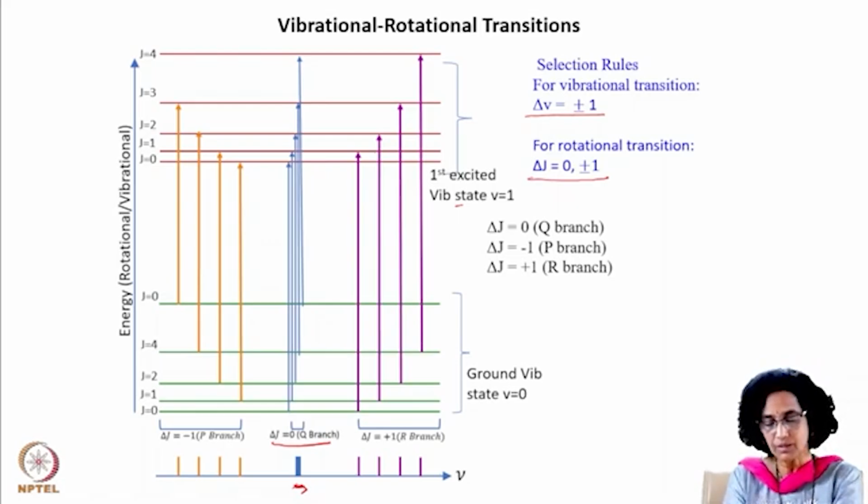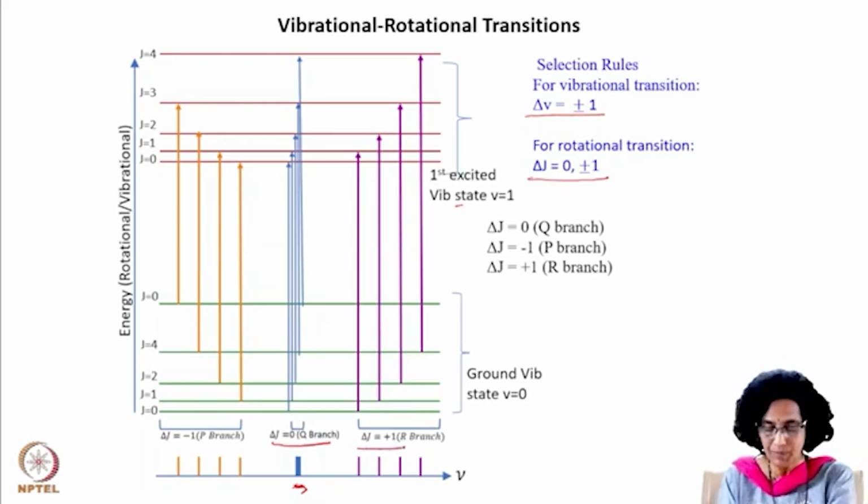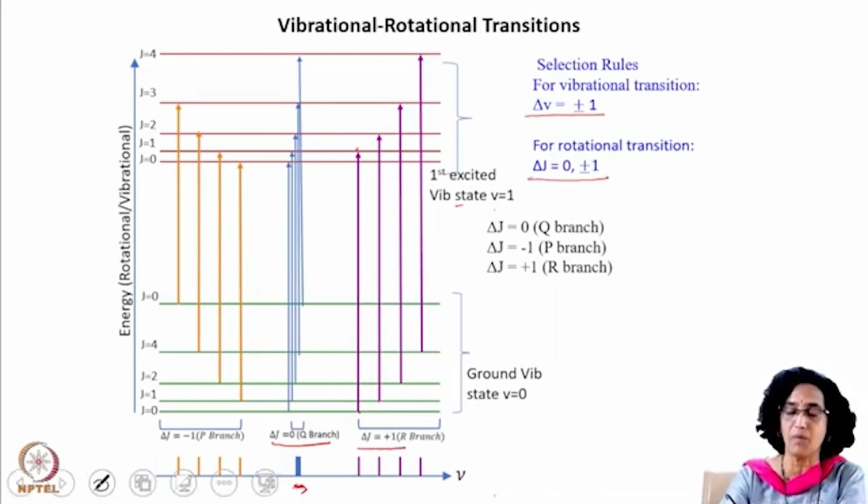Now we come to the right side of the figure. Here we are saying that delta J is equal to plus 1. That means the molecule is going from, say, J equal to 1 to J equal to 2, or J equal to 0 to J equal to 1. You know that the rotational level spacing is increasing upward.